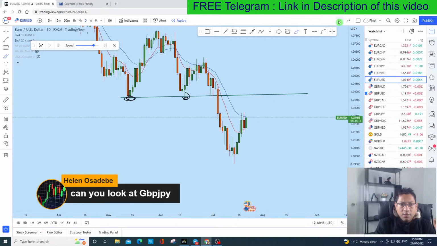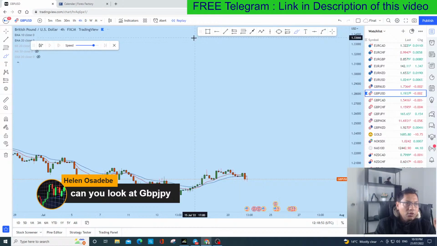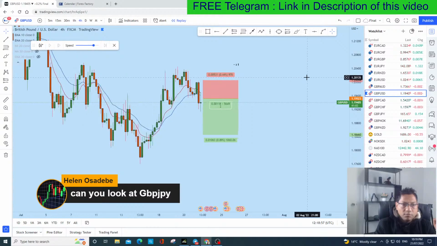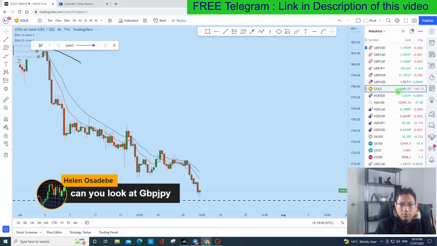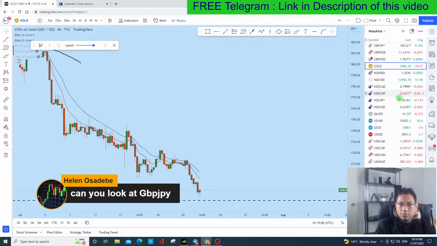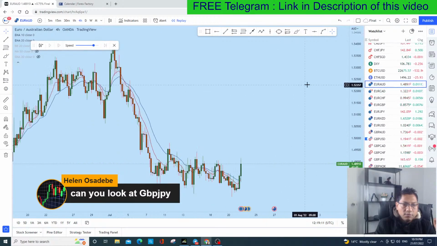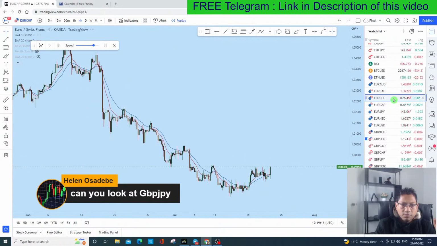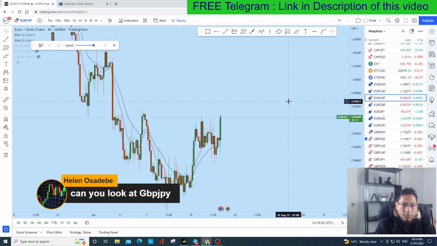Okay, let me look at how it is impacting the British pound US dollar. I think there is still bearish. Okay, so looks like the euro is getting a little bit stronger.